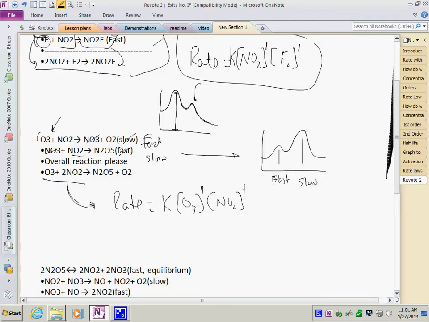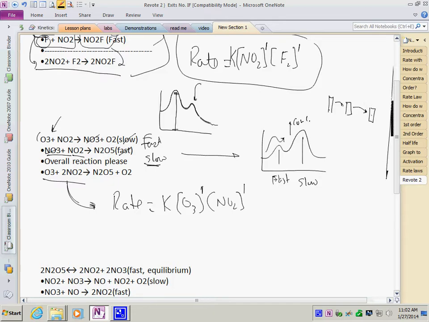The issue here is that if I can speed this one up, by speeding up this one, I can actually crank up the concentration of the reactants of my slow step. All right, again, I'm making this one slow. I'm reversing it. So it's kind of a domino effect where you tip one over, it causes the next one to go, which causes the next one to go.